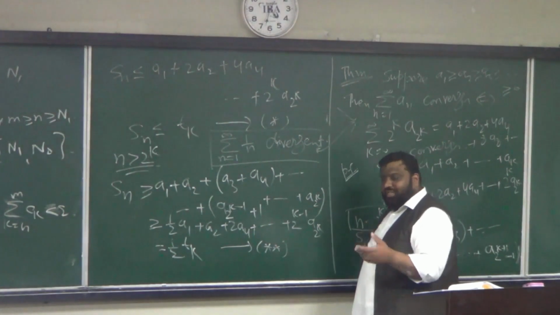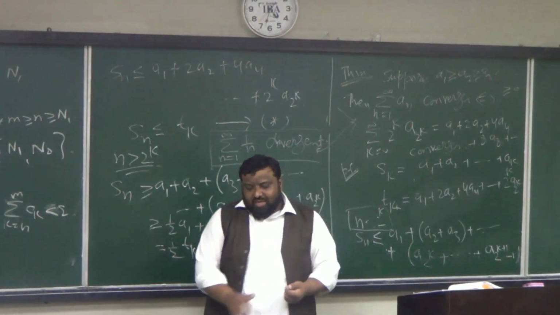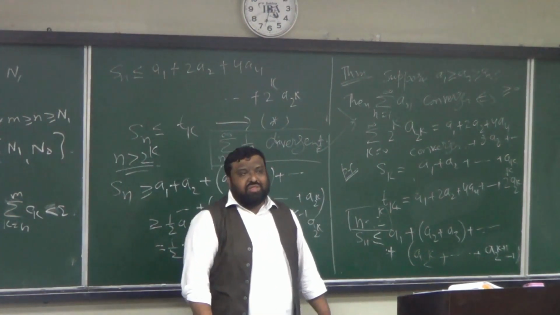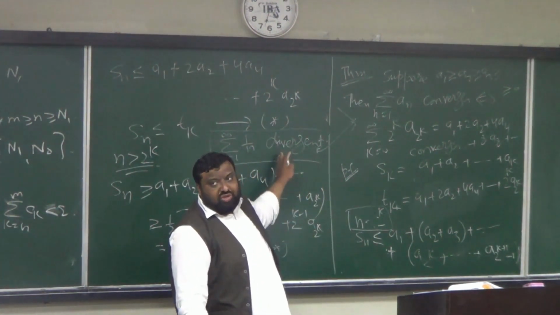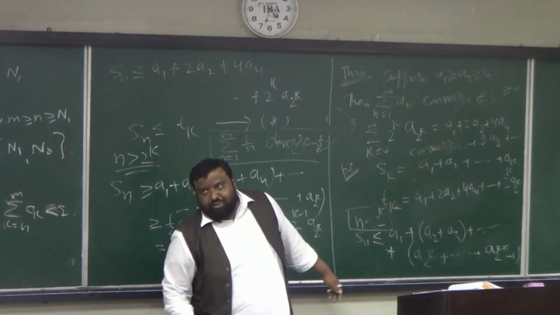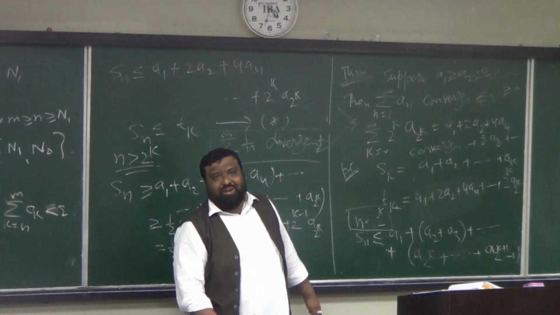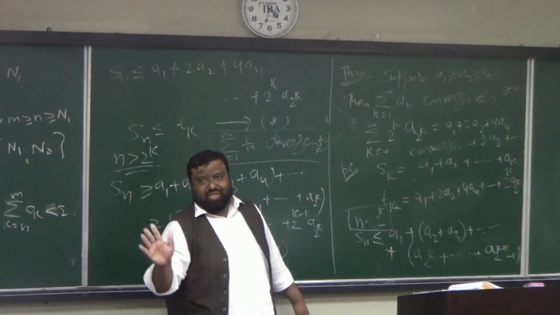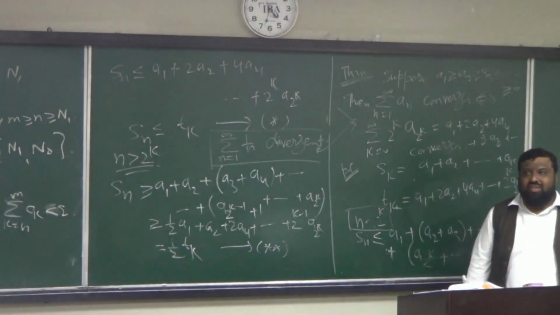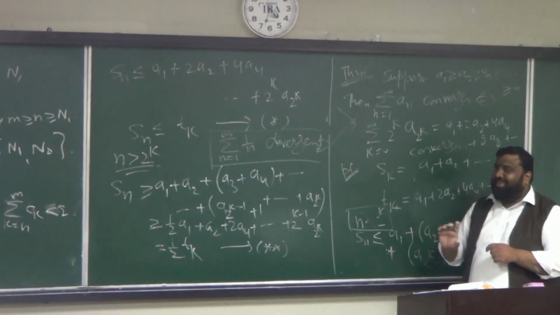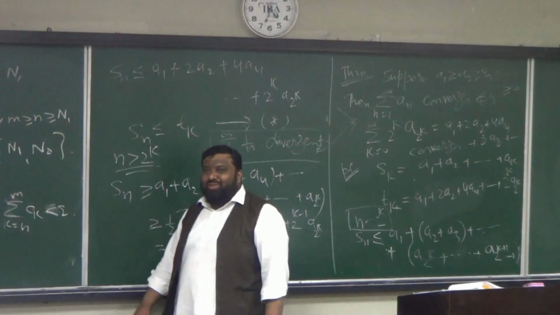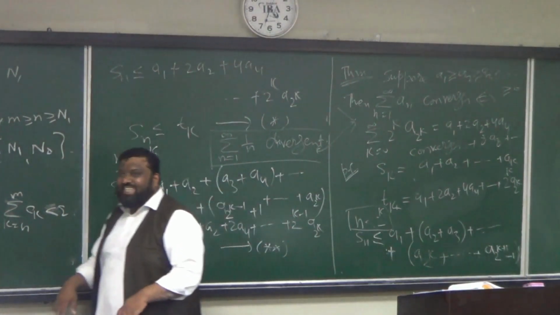You can show that no matter what number you fix, if this sum is going to cross that number, you can always find an n after which the sum is going to be bigger than that number. It's going to take a long time, sometimes you need to wait for millions of years.